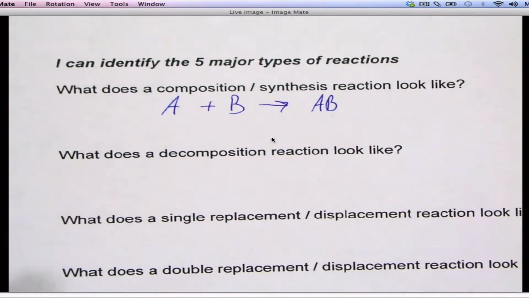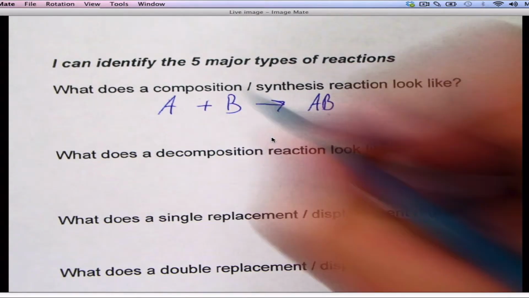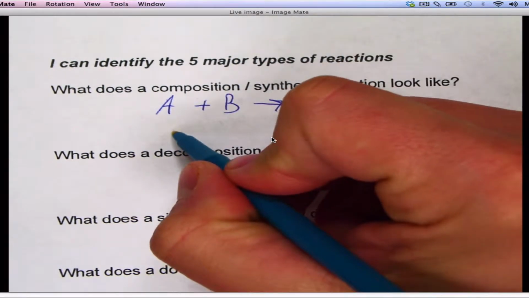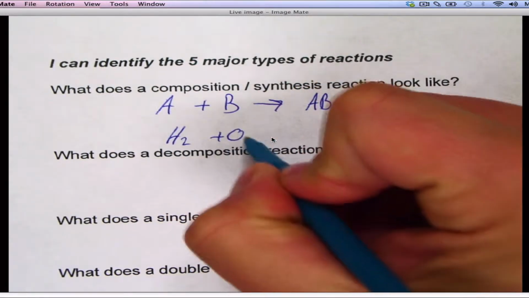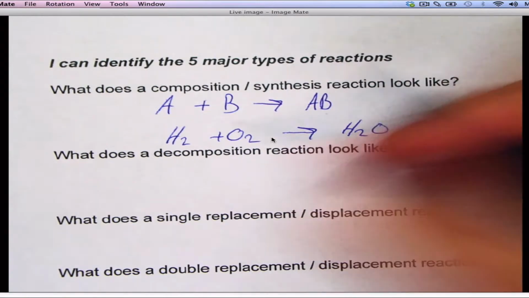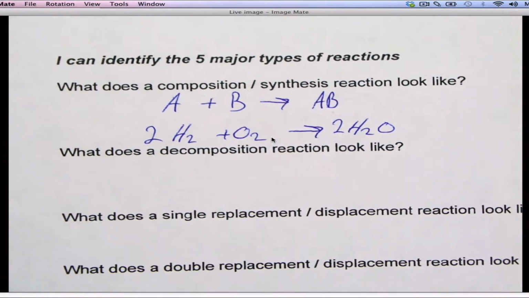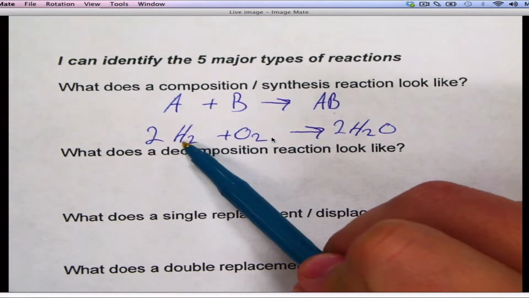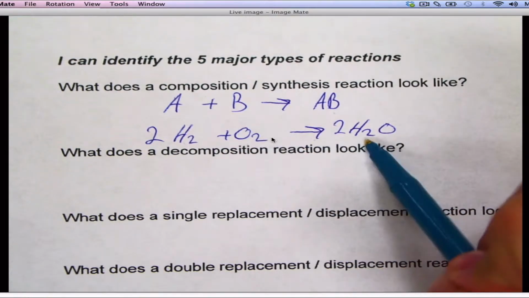So an example of that would look something like this. Let's see here. We'll just do a simple one. Okay, there's a simple one. Element plus an element, or reacts with an element to make a compound.